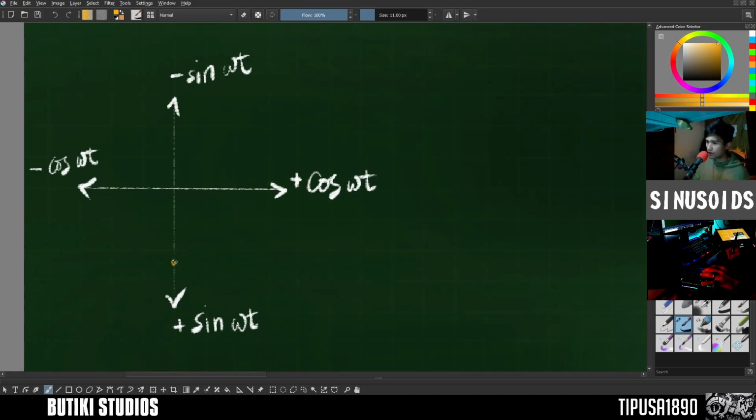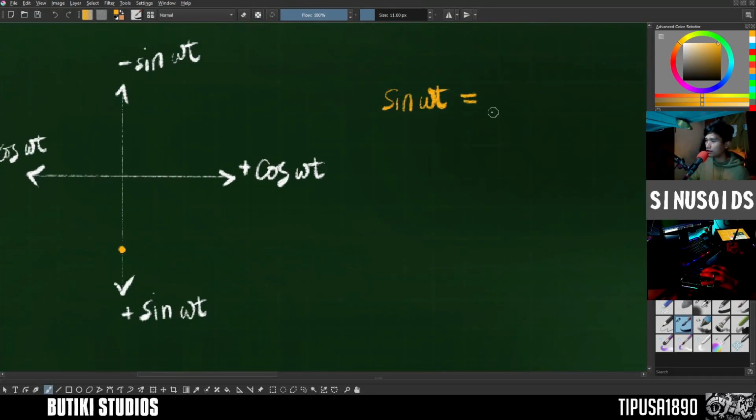Say for example, sine omega t. And ganahan ka nga himuon siya nimo nga cosine. So gikan sa imong sine padulong ka sa imong positive nga cosine.